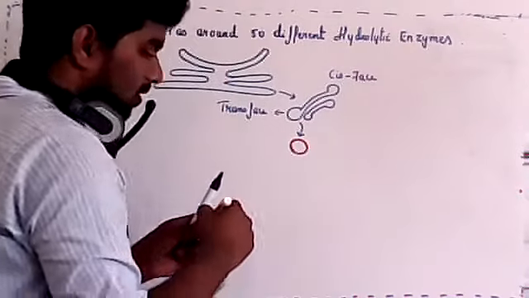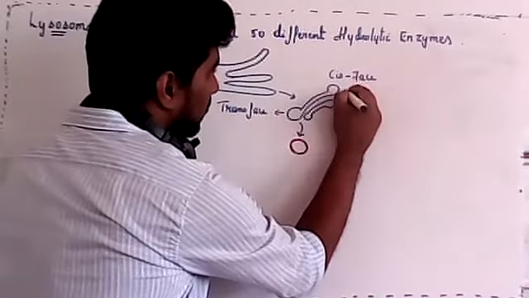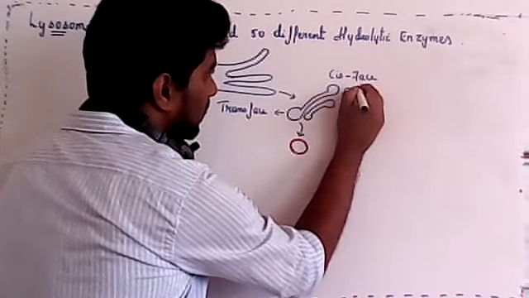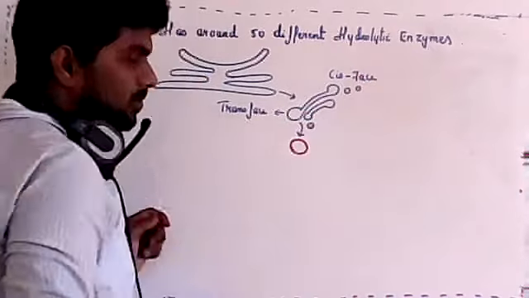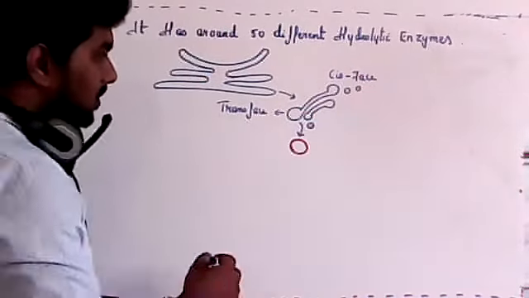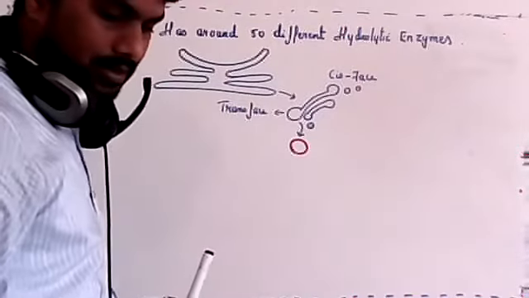So the Golgi complex is involved in the formation of vesicles. On both sides small vesicles will be formed, many tiny vesicles. These vesicles have hydrolytic enzymes present inside.